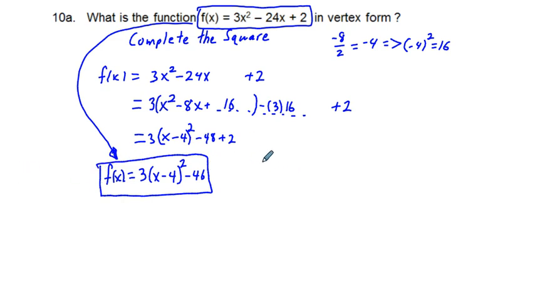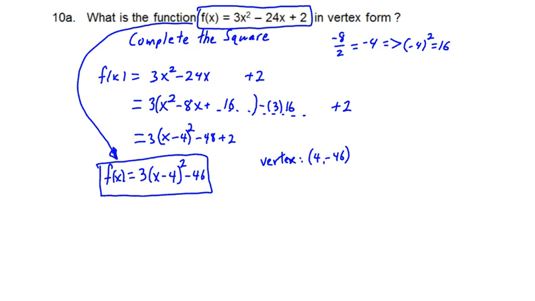One thing that this helps you with, I said, is you find the vertex. In vertex form, you have the point (h, k), which is going to be (4, -46). So now we have the vertex from the vertex form.